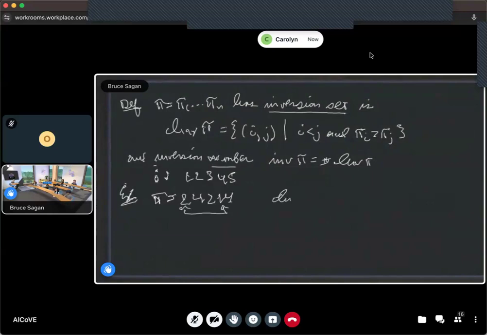So that would give me in my inversion set a pair consisting of the first and the fourth index. And then the 4 and the 2 are out of order, and the 4 and the 1. So that would give me index pairs 2, 3 and 2, 4.